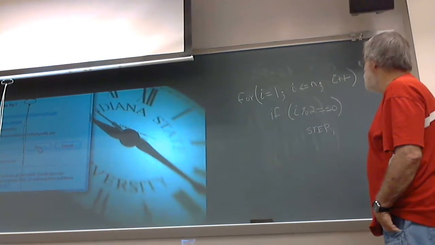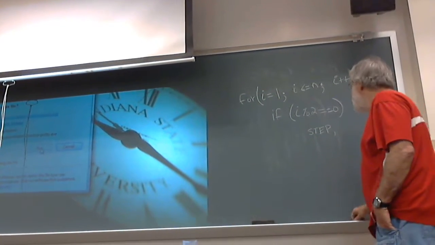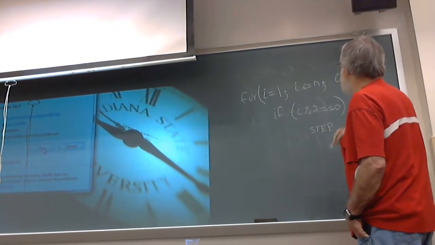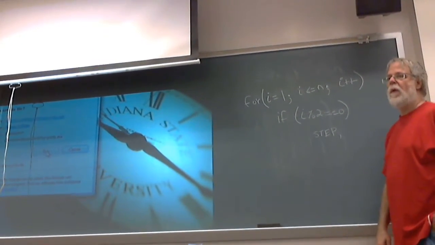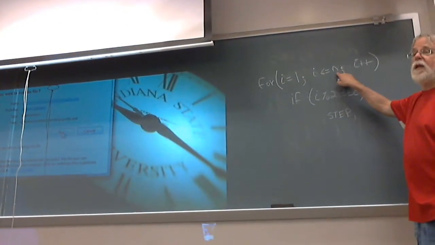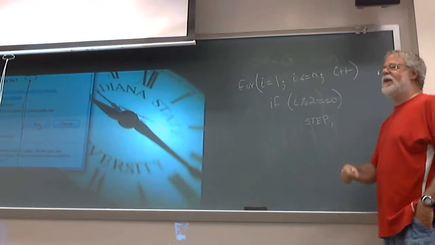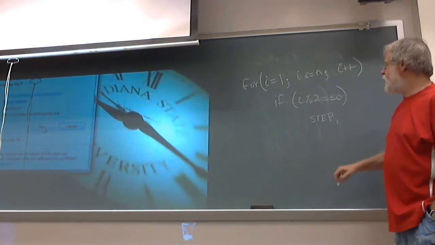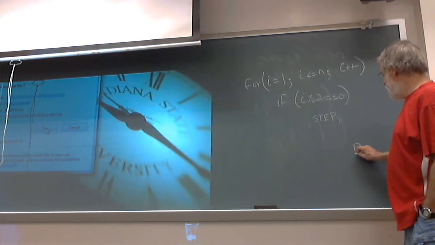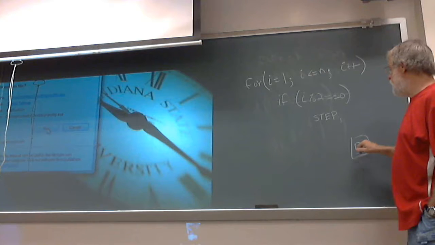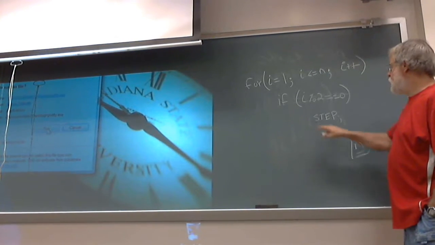Okay, so if this isn't here, how many times are we doing step? n times. We're doing step n times, so if this isn't here, the answer would be n.